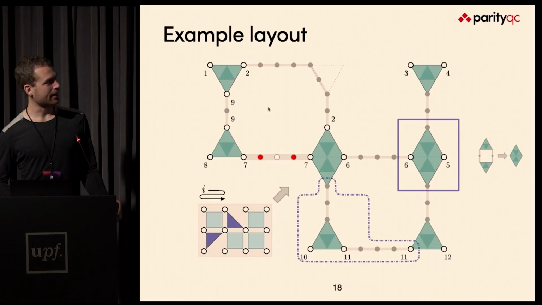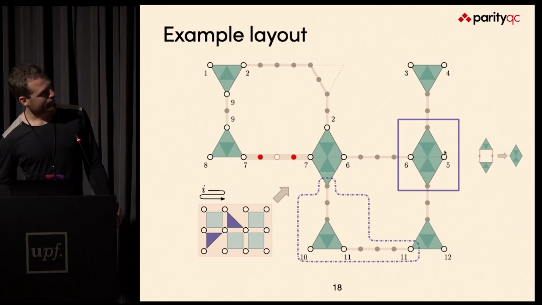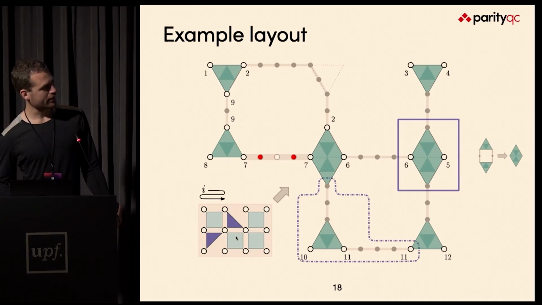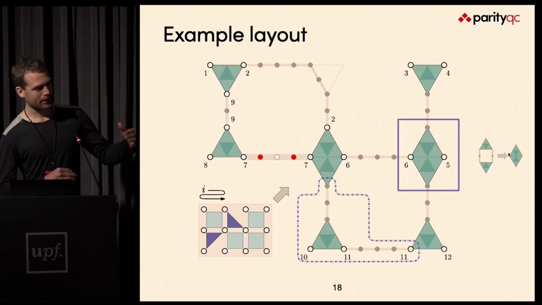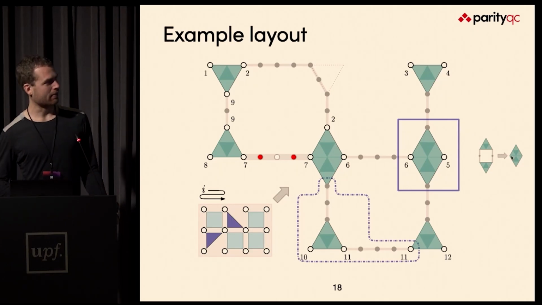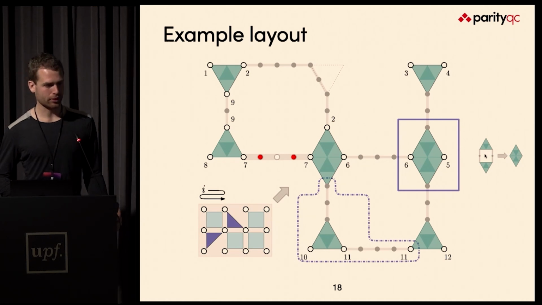And then here you have this link to this triangle. And this is a bit of a special case, because if you have a triangle like this and a triangle like this, so this comes from these two sitting on top of each other, you can squeeze them together, and it turns out that it's better to do this, which is this diamond shape, than to do two triangles with links between them, because they would have a lot of crosstalk, which will make it behave worse.